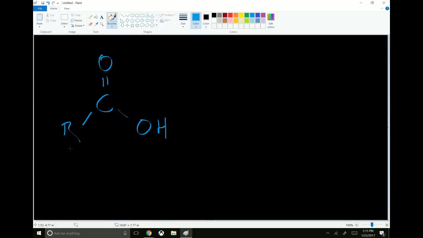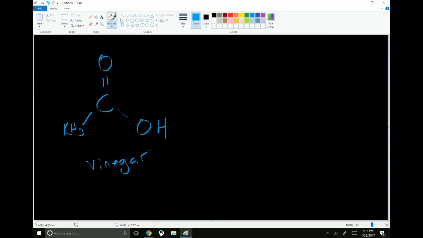For example, this R is just sort of a variable. It's a placeholder. It could be pretty much anything. It could be just a hydrogen. It could be a long carbon chain. It could be a dog. It could be anything. But if that R is actually a CH3, then this is acetic acid or vinegar.